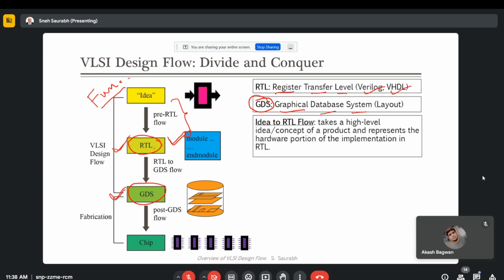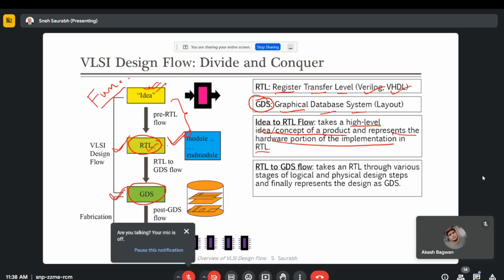The idea to RTL flow is those set of design tasks which takes a high level description or the concept of the product, and represents the hardware portion of the implementation in the RTL. So from the idea, we get the RTL, and this is the idea to RTL flow or the system level design.